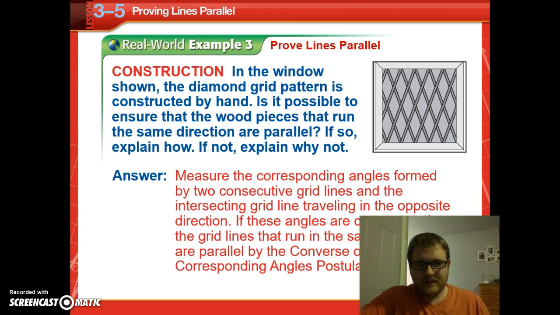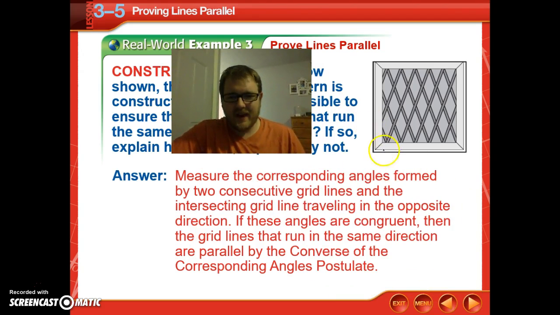Basically, if we were to measure the corresponding angles formed by two consecutive grid lines, so for instance maybe this line and this line, and we cut a transversal through the two lines, like this one for instance, if we measured two corresponding angles like this one and this one, we should see that they are congruent.